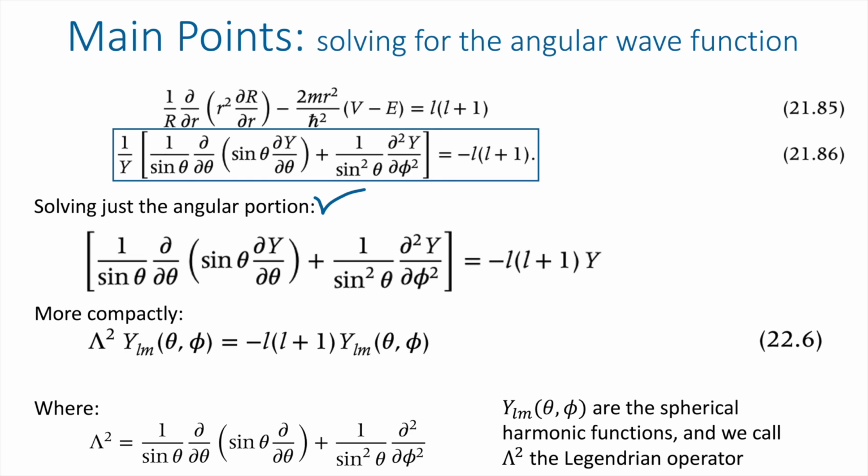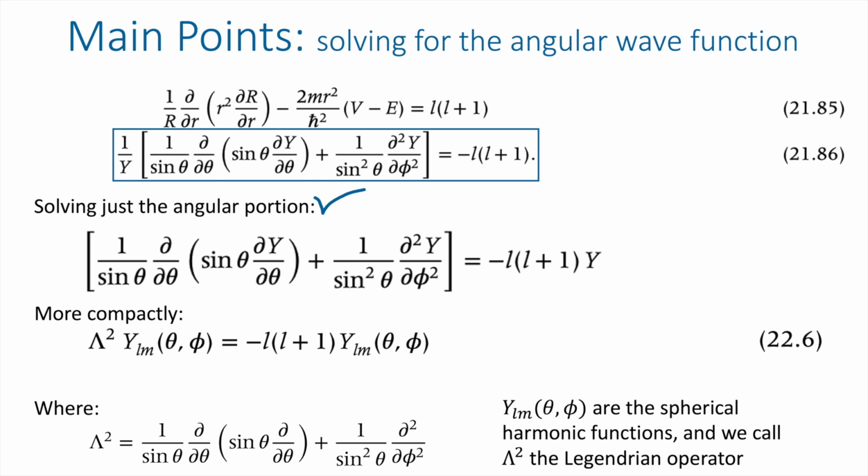The Legendrian operator operating on our angular wave function gives us that same wave function back multiplied by a constant, and that constant is minus L times L plus 1. This has a similar flavor to our time-independent Schrödinger equation of H psi equals E psi. You operate on something, you get that something back, but now it's multiplied by some constant.